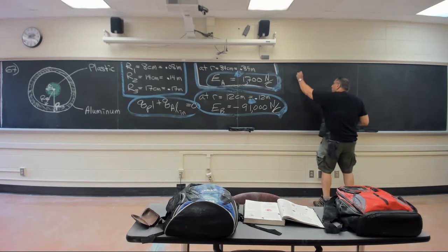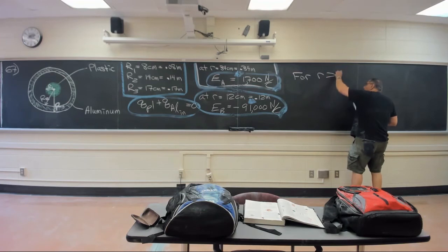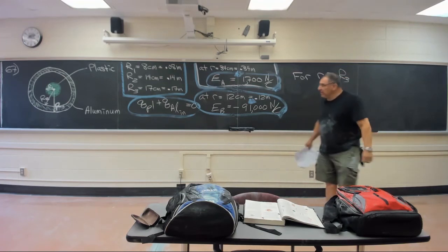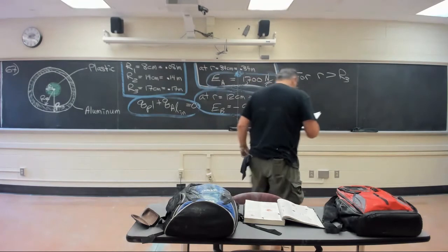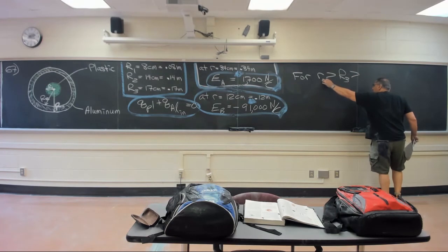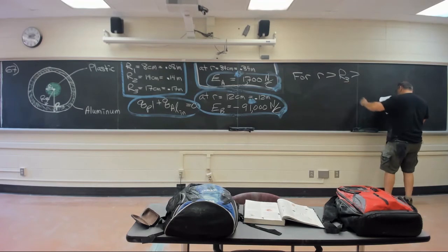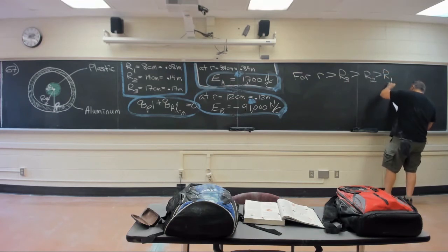We also know for a radius bigger than R3, and R3 being bigger than R2. For some radius under consideration, a radial distance, small r, away from the center of the plastic sphere, that radial distance being bigger than the outside radius of the aluminum spherical shell, which of course is bigger than this, which of course is bigger than that.